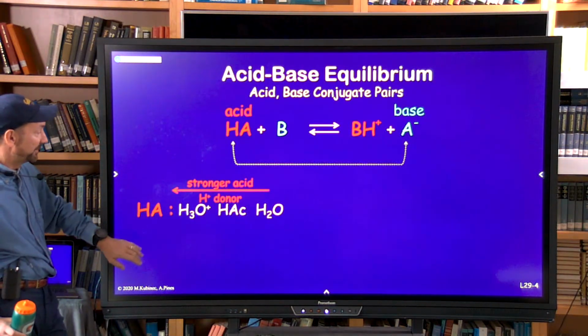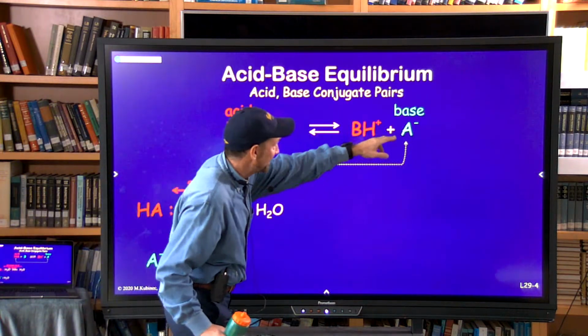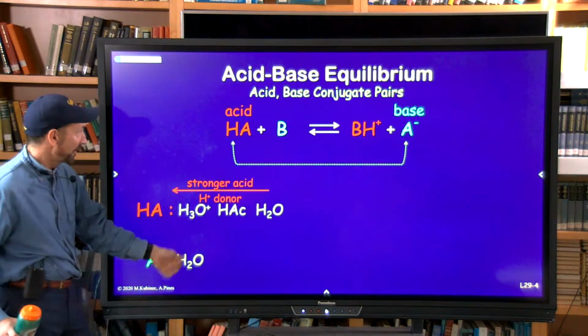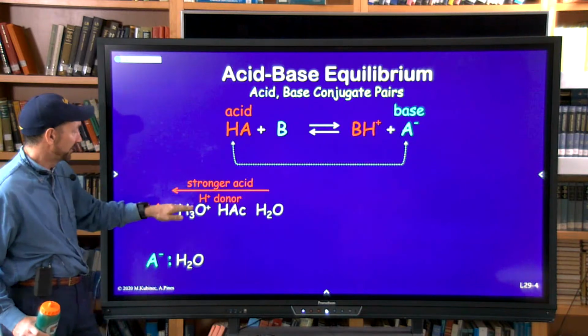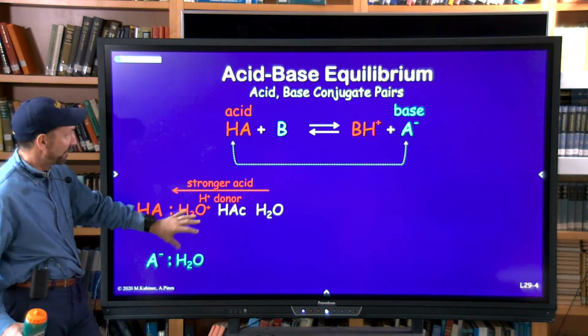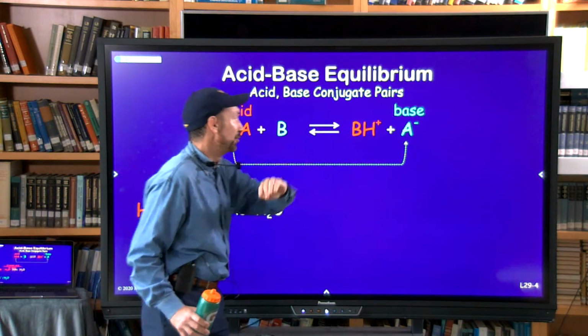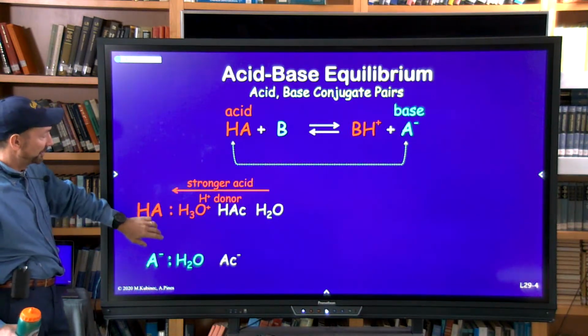The ones that can act as the A minus, that is this thing minus a proton, have a different charge. This one goes from plus to neutral as you donate a proton. So H₃O plus and H₂O have a conjugate acid-base pair relationship.